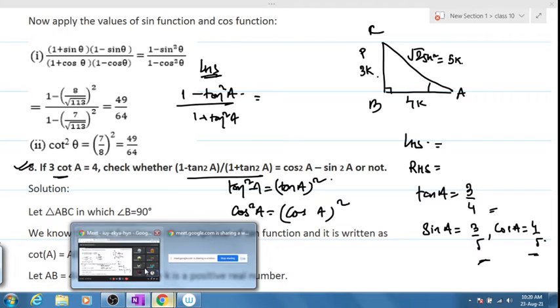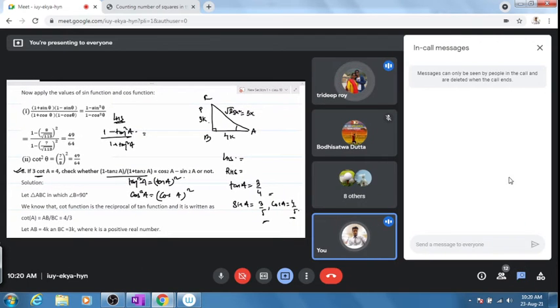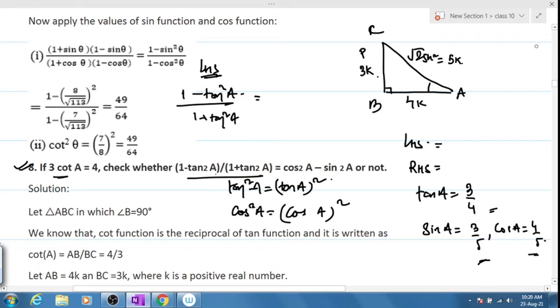No one? Chat box. Type it in the chat box. How much? 7 by 25.